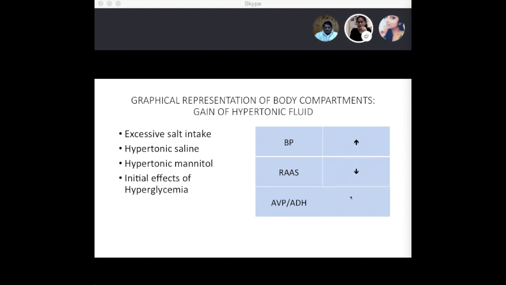Exactly, because we already have increased blood pressure, we don't want to exacerbate that anymore. And what would be the ADH or ABP? Well? Yeah, exactly. It's going to increase, and I kind of had a hard time coming to terms with this.